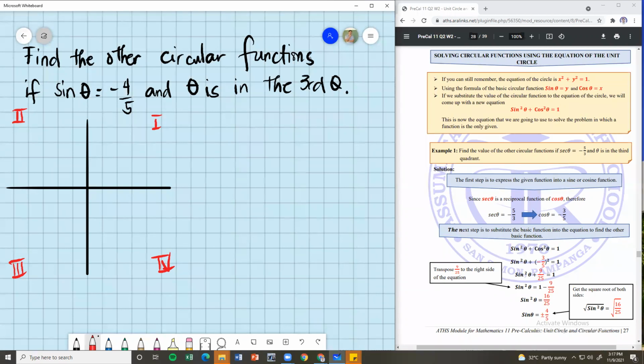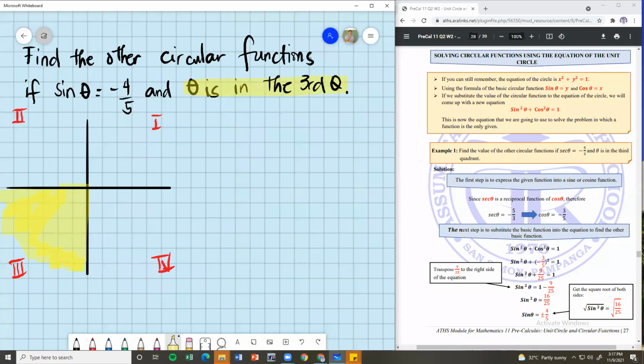Makinig na lang. Okay. So from here, we need to draw a triangle in the third quadrant. Magdodrawing tayo ng triangle sa side na to. Kasi it says here, your theta is in the third quadrant.